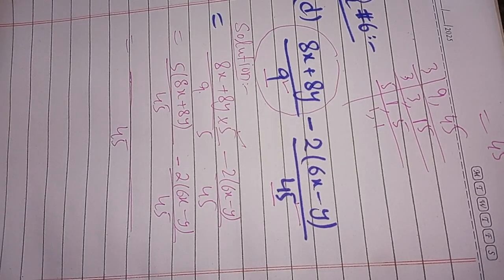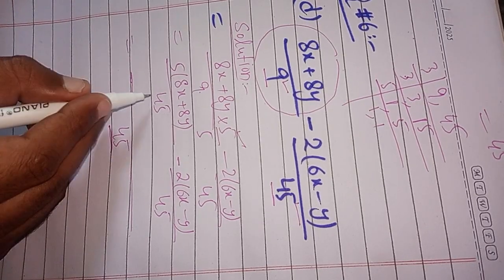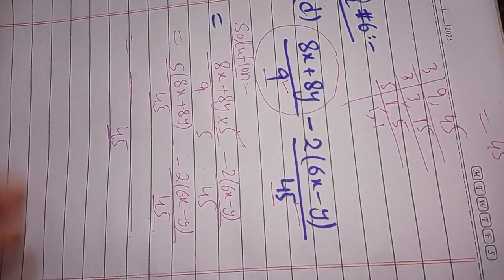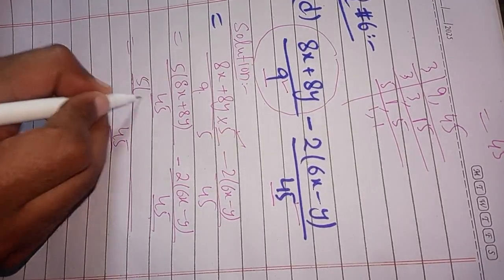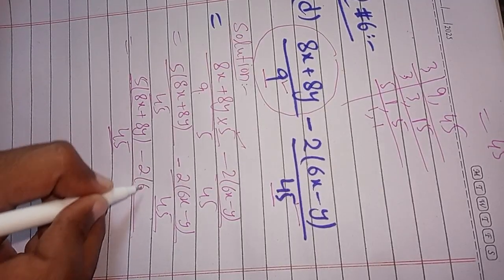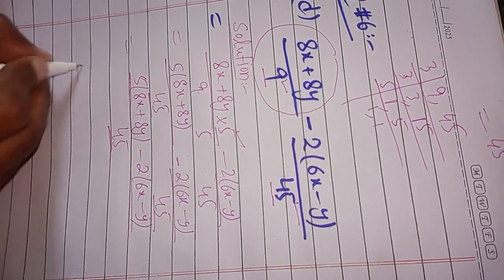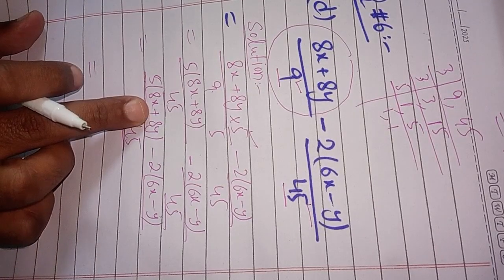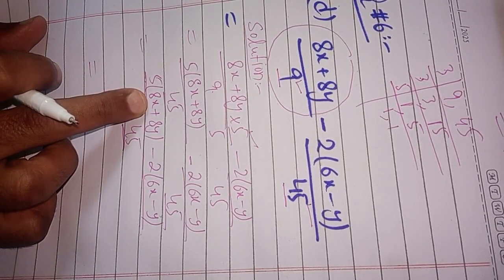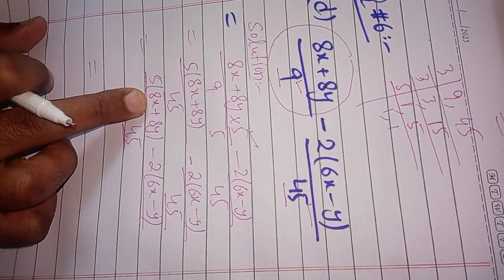So the LCM is 45. We know that if we are adding or subtracting two terms in quotient form and they have the same denominators, we write the denominator as it is and add or subtract the numerators correspondingly.